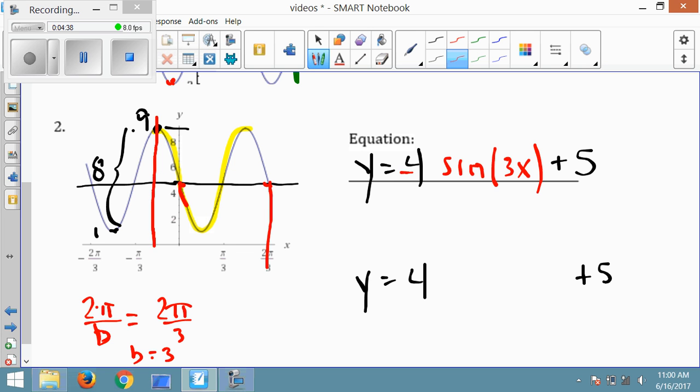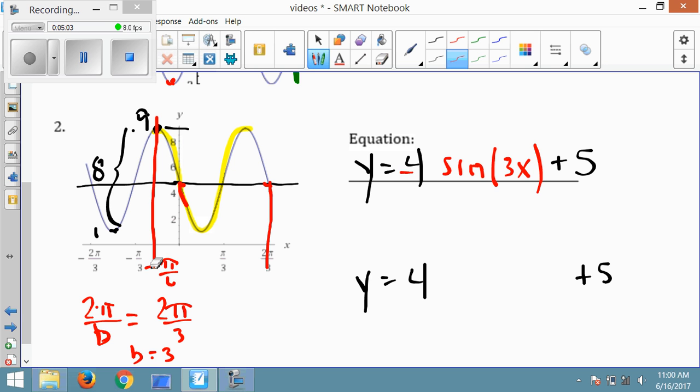So we need to see how it goes over here and where it starts. And that's halfway between negative pi over 3 and 0. Halfway is going to be negative pi over 6. That's where it starts. So it's going to have the same period. We understand. So they'll both have the same period. So we already know that my b value is 3.